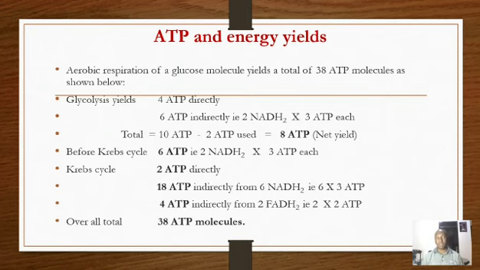Therefore, glycolysis, a net yield 8 ATP. Before Krebs cycle, a net yield 6 ATP. Krebs cycle gives us 2 ATP molecules directly, 18 indirectly from NADH2, and 4 indirectly from FADH2.